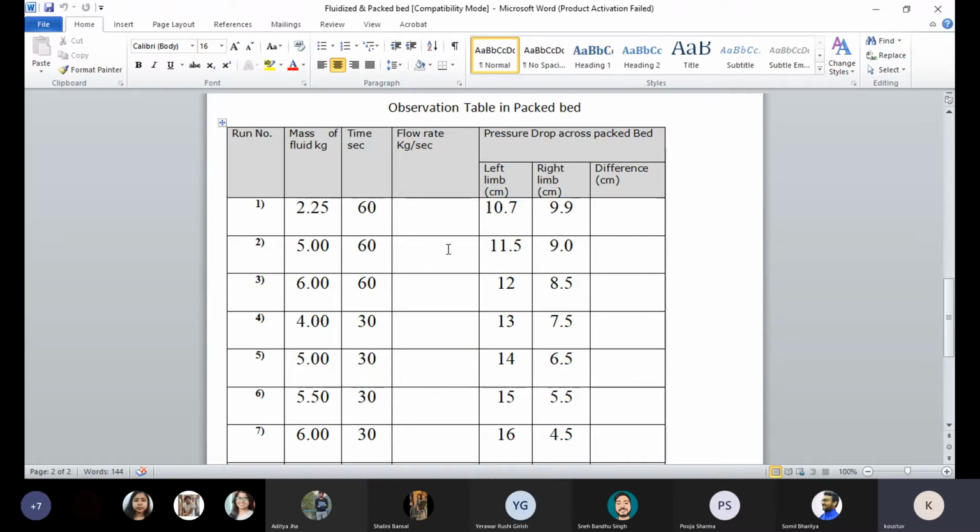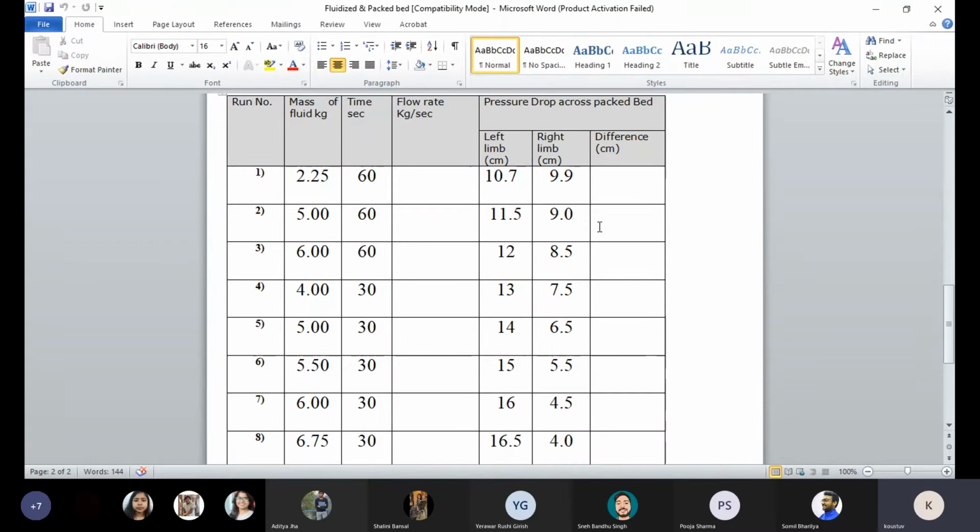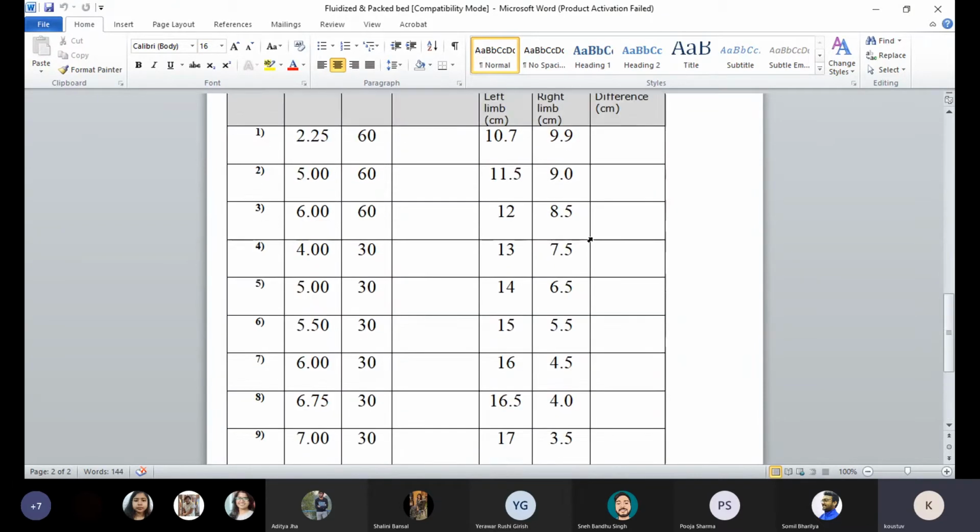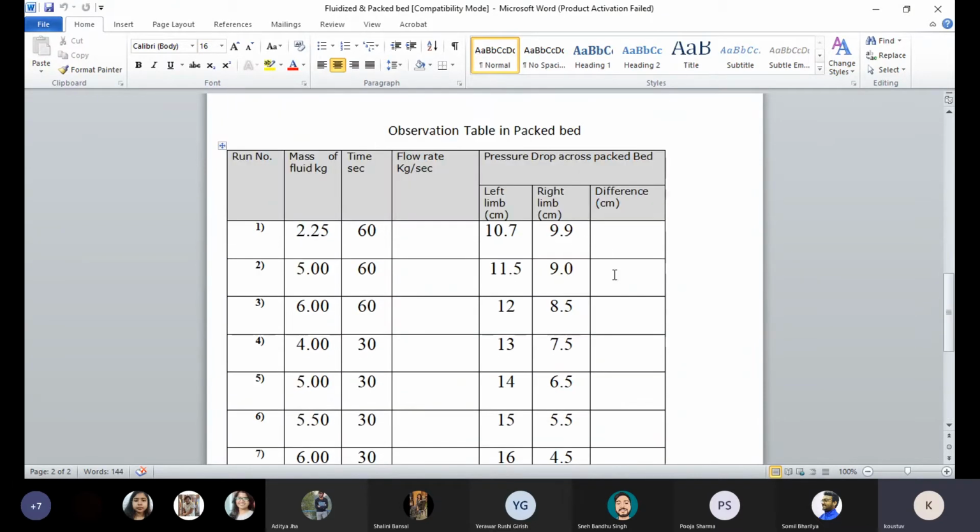You have to convert that into the packed bed velocity by taking into account the epsilon factor. You have to consider these in the equations, so that ultimately you get the packed bed delta P experimentally and theoretically.